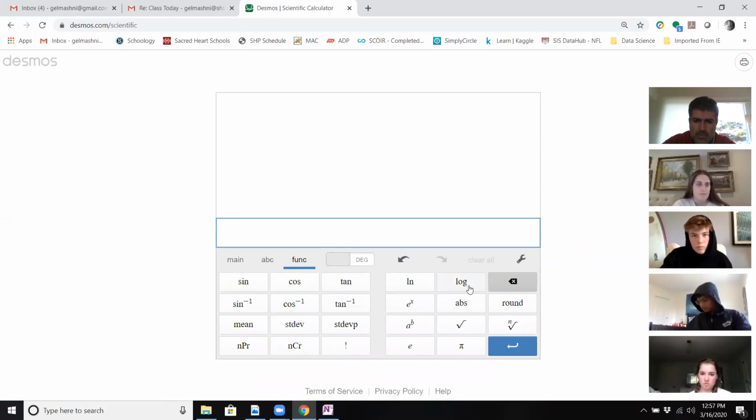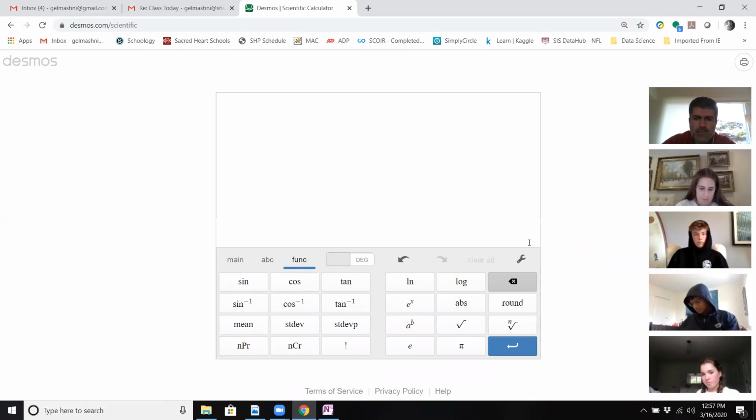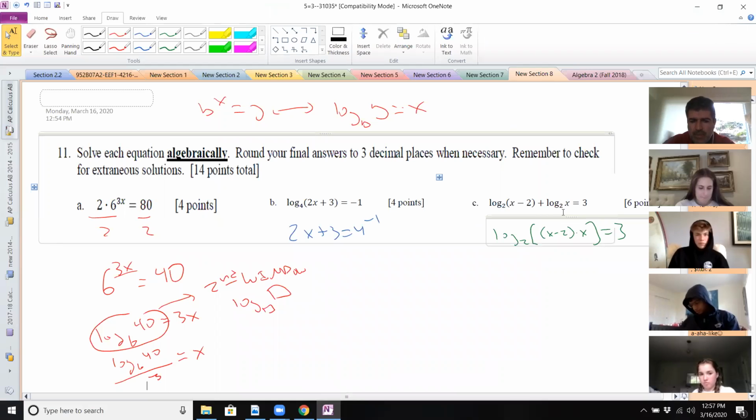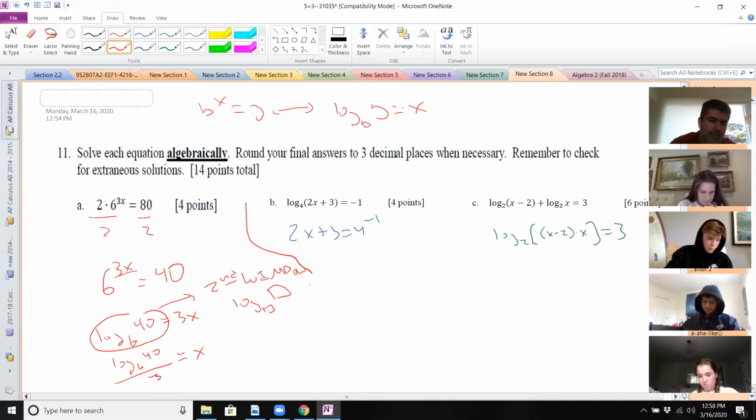I don't know why it's not letting me change the base. Okay, well then I guess you maybe would need a calculator. I thought for sure you could change the base here. Let's go back to this. You do need a calculator. Maybe I'll design the question where you don't need that. But hopefully, if you can't find a calculator, let me know. I'll figure it out.